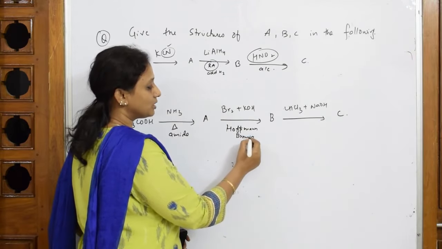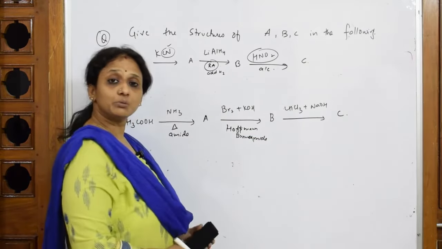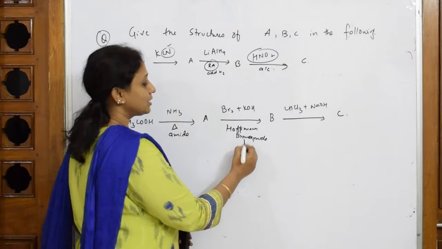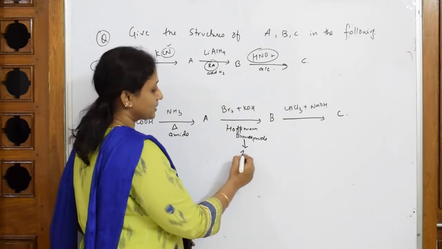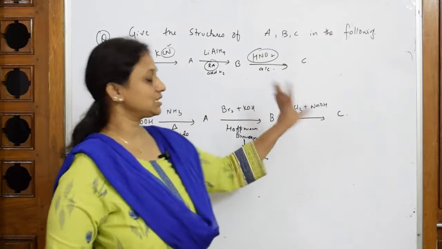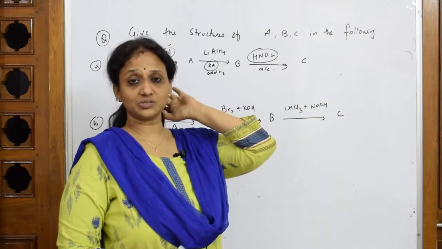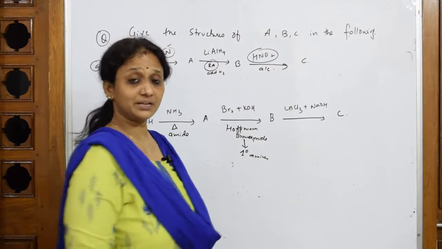What will Hoffmann bromamide reagents prepare? They're going to prepare amines. Which amines? Primary amines. Okay, let us write. And now CHCl3 and KOH. What is this reagent? This reagent is basically used in the carbylamine reaction.